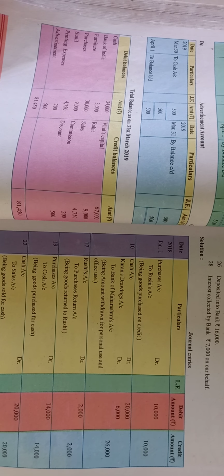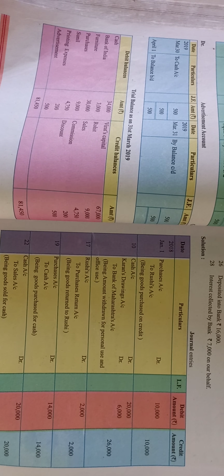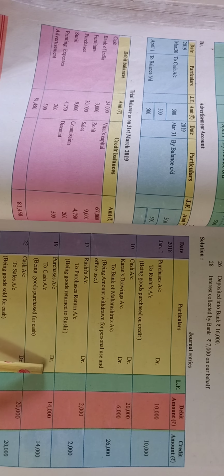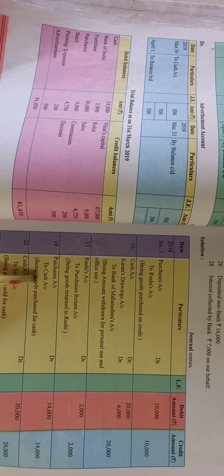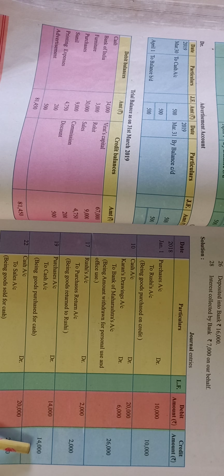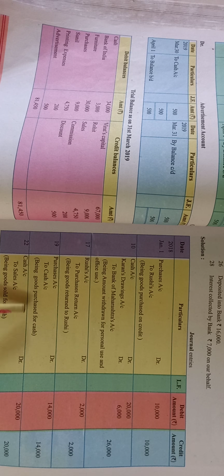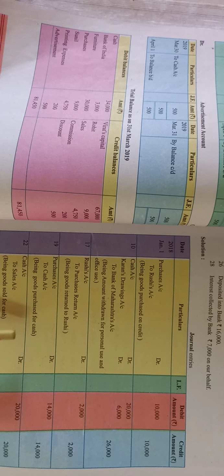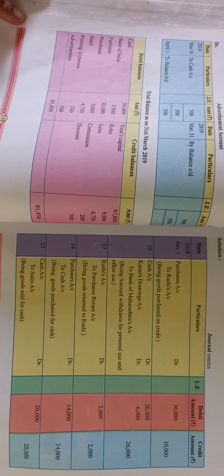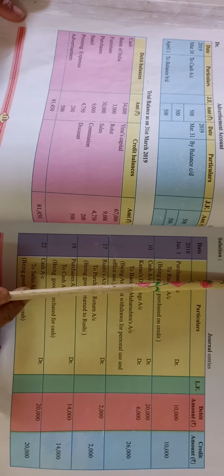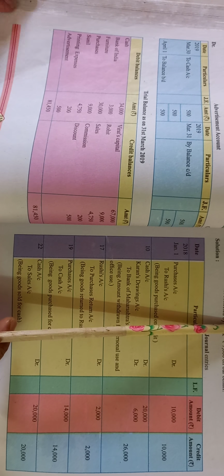Cash purchases means purchase is on cash basis. So the entry is 19 January, purchase account debit 14,000 to cash account credit 14,000. Narration, being goods purchased for cash. After that, date 22, cash sale rupees 20,000.